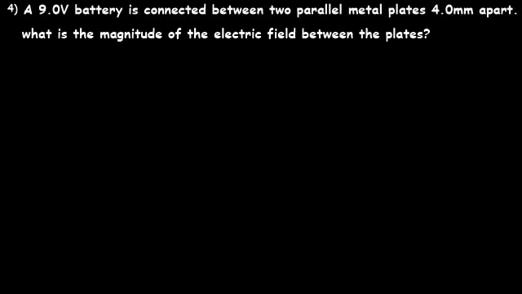A 9.0 volt battery is connected between two parallel metal plates 4.0 mm apart. What is the magnitude of the electric field between the plates? Well, we have our delta V, which is the electric potential difference, to be 9.0 volts. You might be wondering, why did I choose the 9.0 to be delta V?